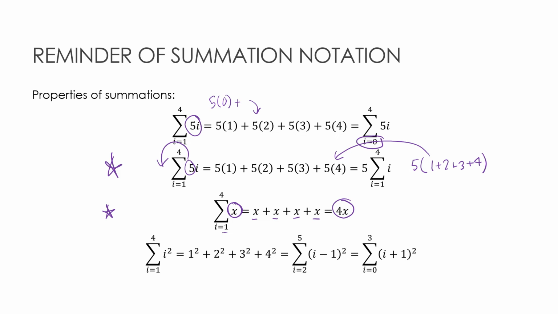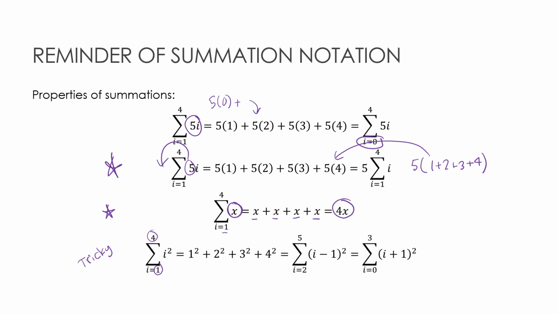And the last one, this one's for those tricky examples, because sometimes we have to be a little bit tricky with our math. If I'm finding the summation of i squared, I can alter those limits, the lower end and upper end of my index, to adjust to a certain situation.